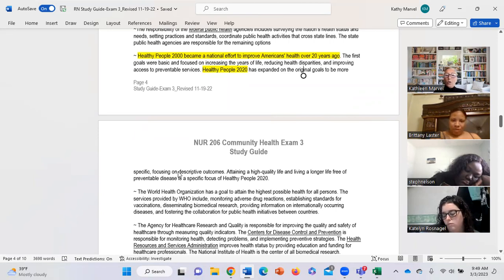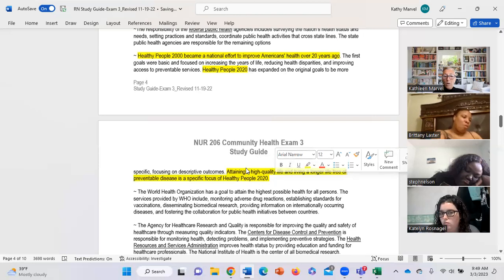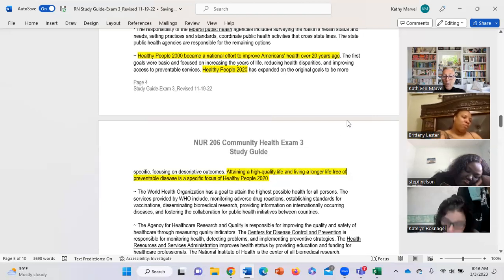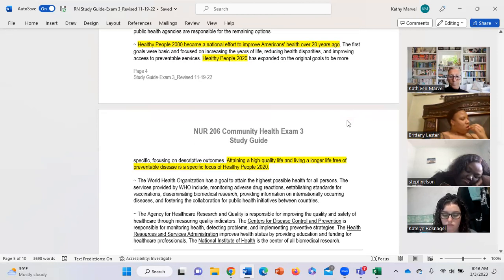So the goal in 2000 to increase years of life, reduce health disparities, improve access to preventable services has now turned into attaining a high quality life, living longer, free of preventable diseases. Does that make sense? So that bullet is focused on how the general goals of 2000 have shifted to be more descriptive, more detailed in 2020, 2030.